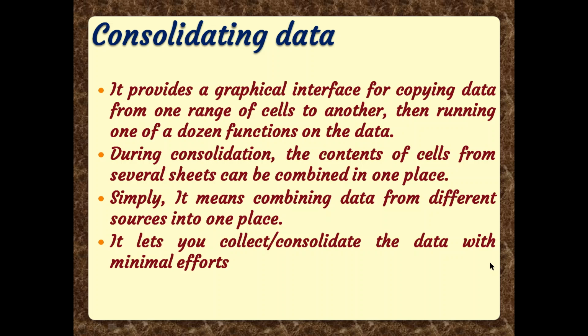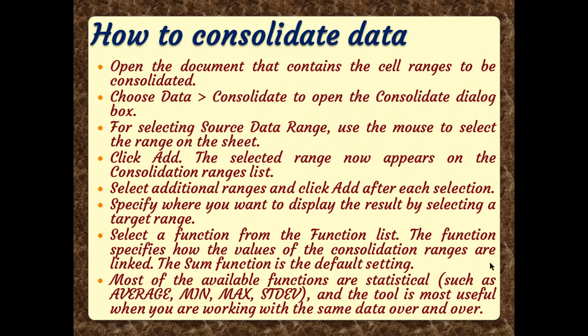Now let's learn how to consolidate data. For this you have to open the spreadsheet document that contains the actual data which you want to consolidate. Then from the data menu we will use the consolidate option.